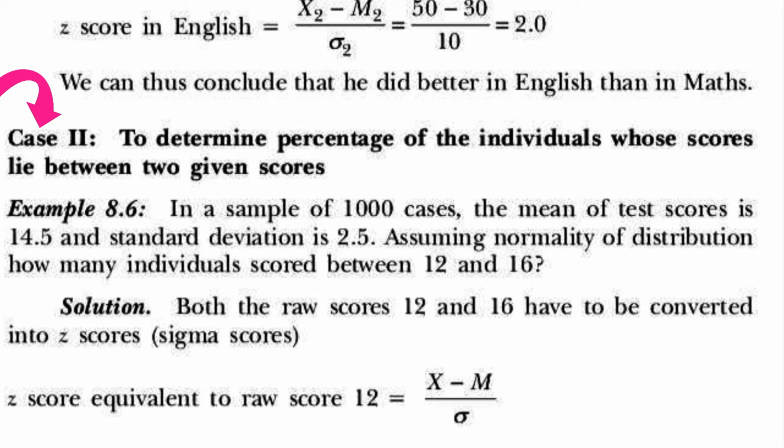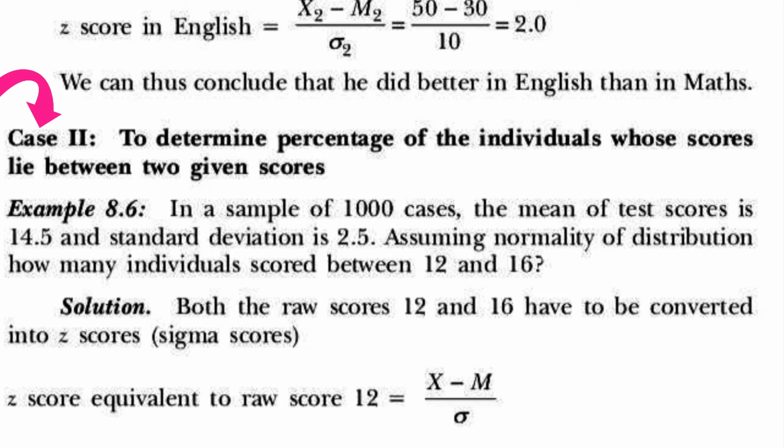So again, you have to use the same formula, z is equal to x minus m divided by sigma, to convert the raw scores into z-scores. Here the raw scores are 12 and 16. Please convert them by putting the values in the formula.